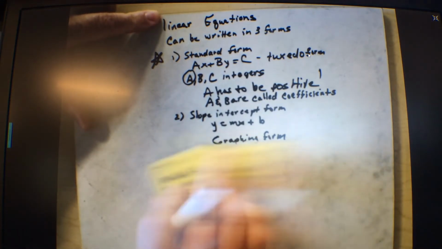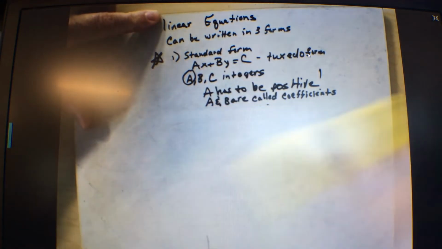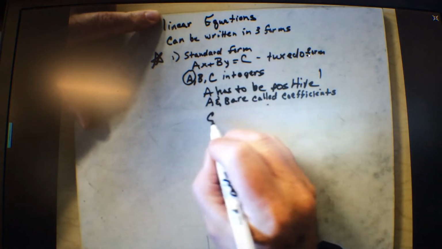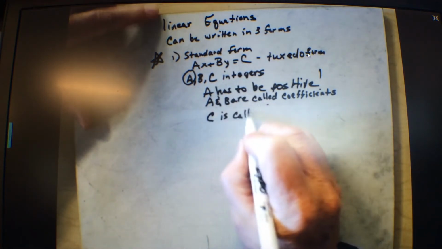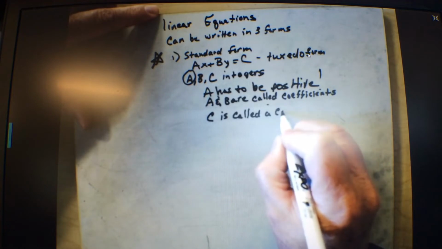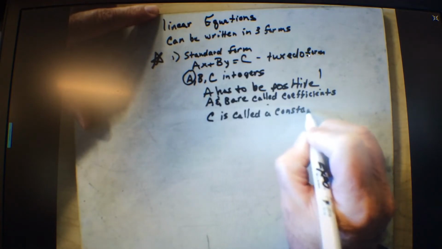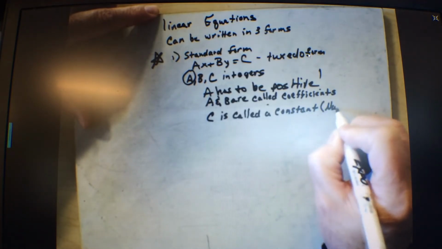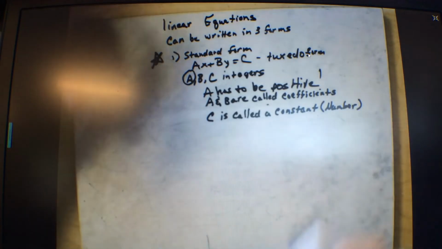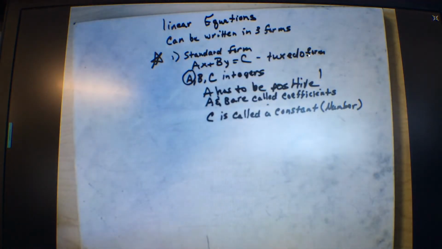I just wanted to introduce you to them. Okay. I'm also going to tell you that C is called a constant. That means it's just a number. Okay, hanging out by itself. Now A and B are numbers also, but they are in front of the X and the Y. The X and Y are what you graph. You see that little graph thing that you got? That's what you graph.